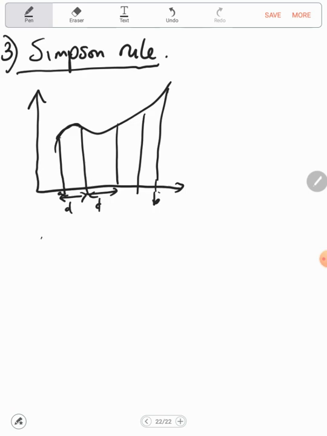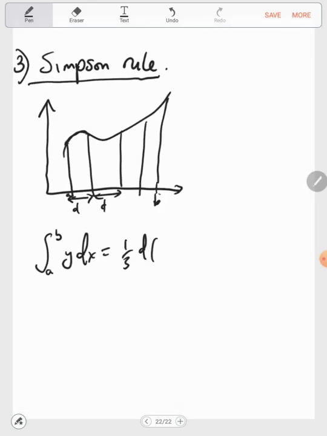Okay, so according to the Simpson rule, the integral from A to B of any function is just equal to 1 over 3 d, you open square brackets. First you add the first and the last, y1 plus y2n plus 1.